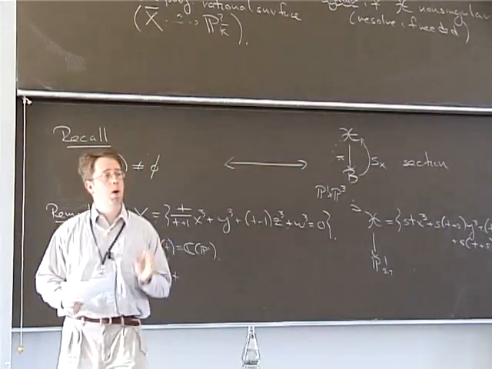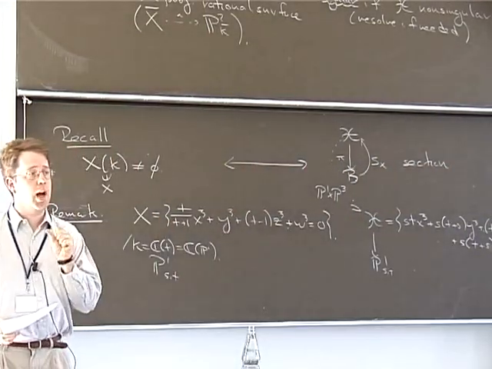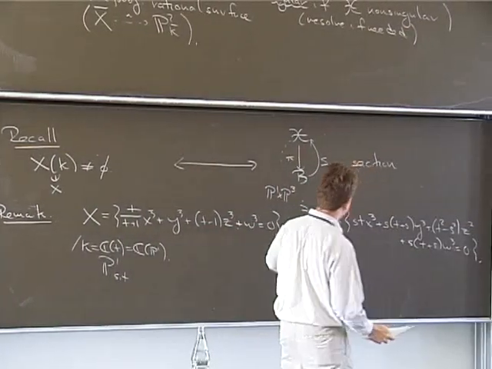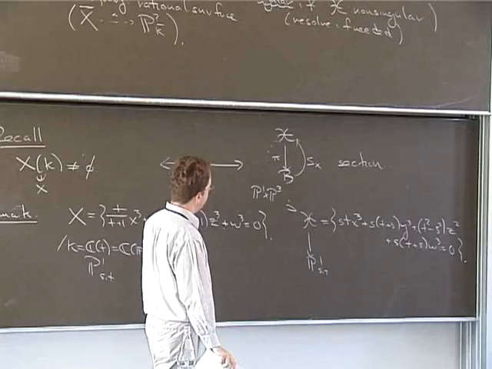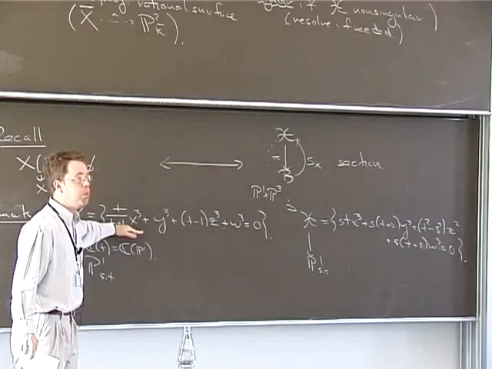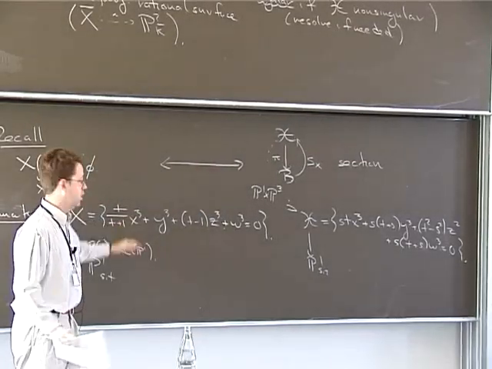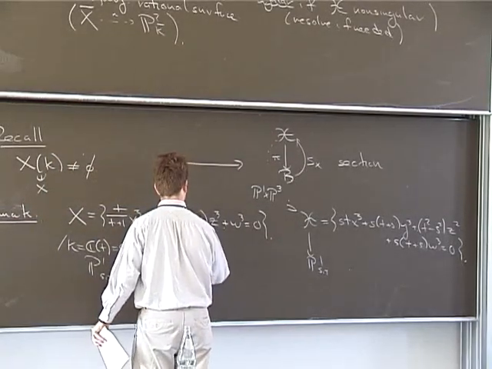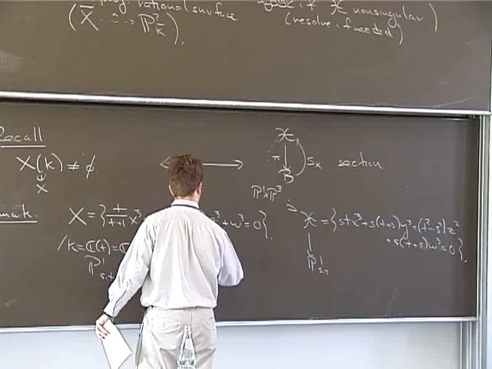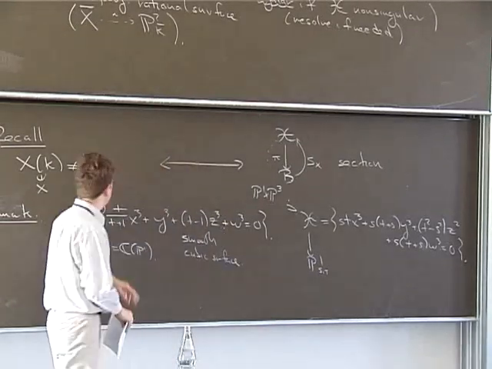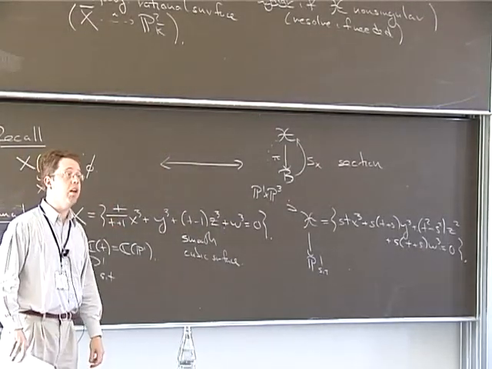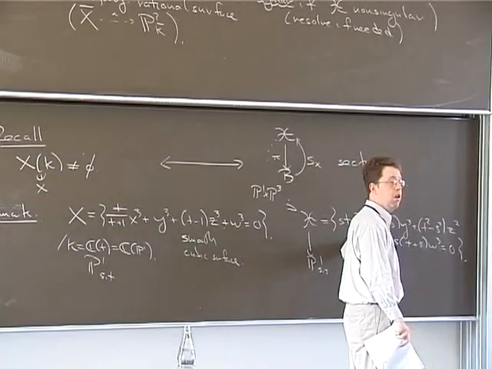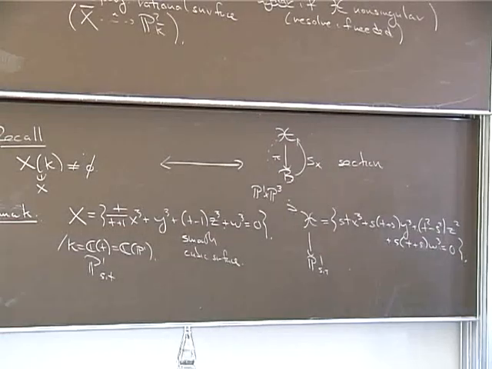Now, I want to draw one important observation, which shouldn't be that hard to see, but it's important to keep this clear. This is a smooth cubic surface. It's really just some twisted version of the Fermat cubic surface. It's perfectly smooth. But many of the fibers here are singular.